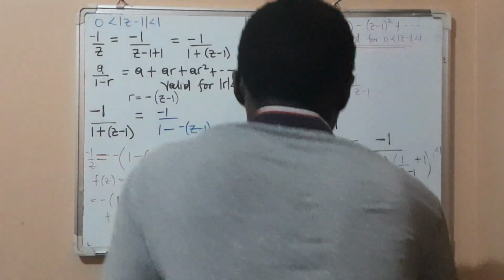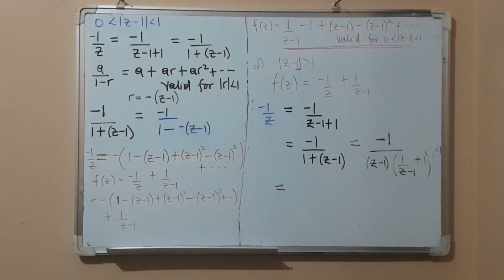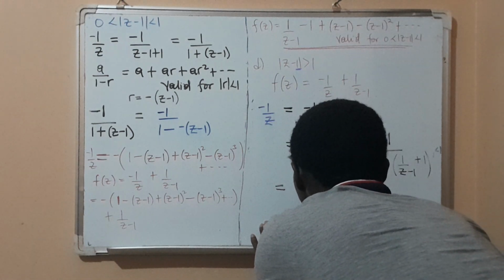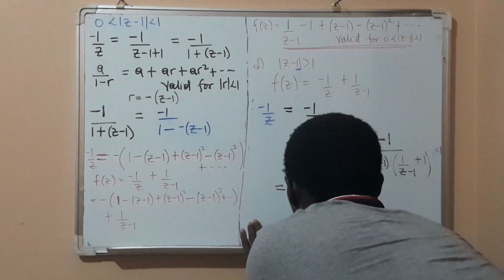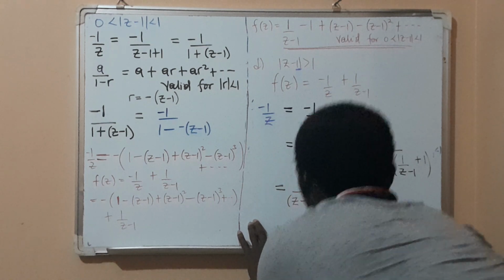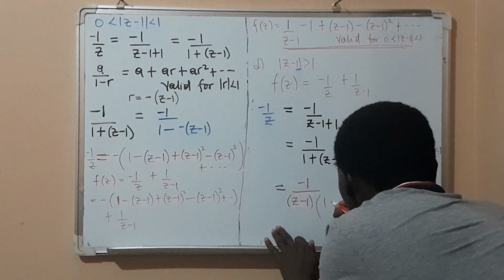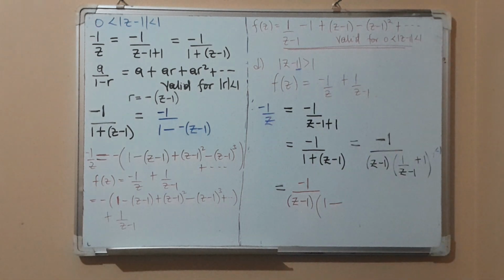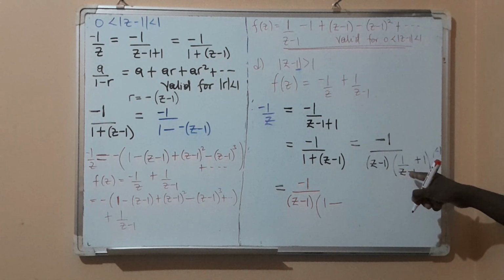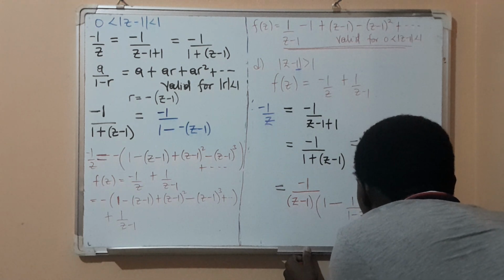And this is equal to negative 1 over z minus 1, 1 minus 1 over 1 minus z.